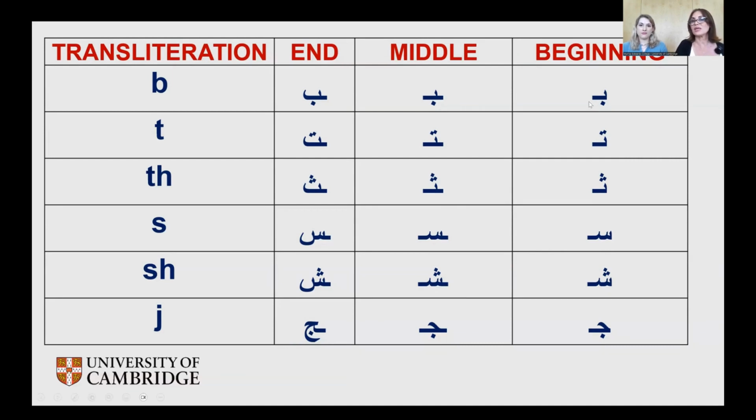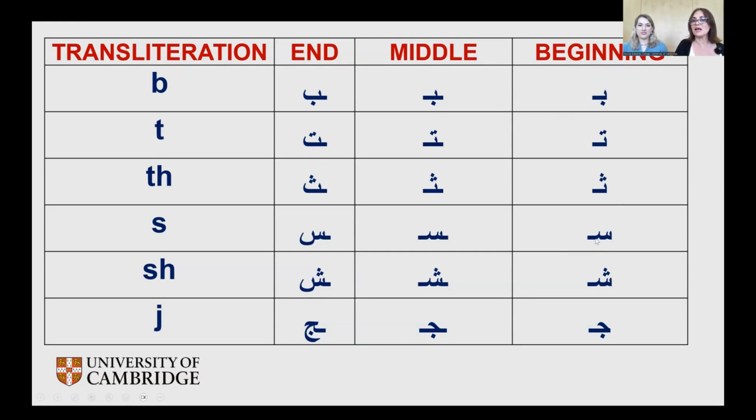That's the B sound, and you can see there is a dot under the B. There are 2 dots above the T, 3 dots above the Th. Dots are very important in Arabic. So that's the B sound. We don't have a P and we don't have a V in Arabic. Okay, that's the S.